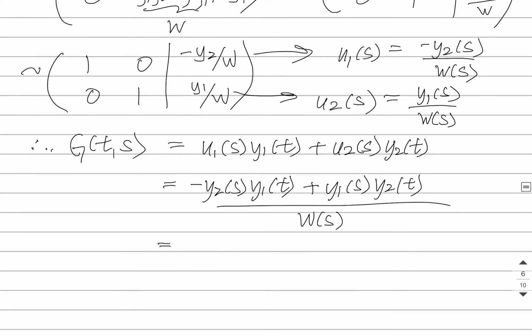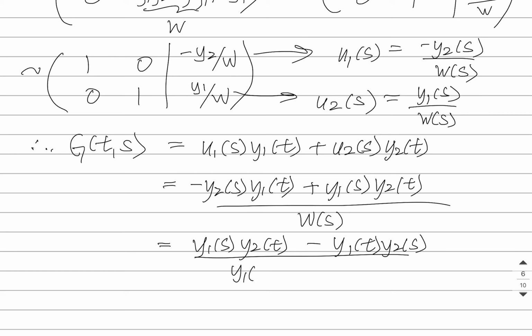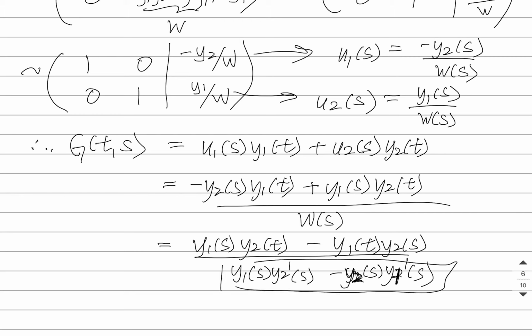You can call it y1 of s, y2 of t, subtract y1 of t, y2 of s. And downstairs, I'll have y1 of s, y2 prime of s, minus y2 of s, y1 prime of s. I call it w because it's the Wronskian. This is the Wronskian of the fundamental set. And I know that the Wronskian of the fundamental set is never going to be 0.